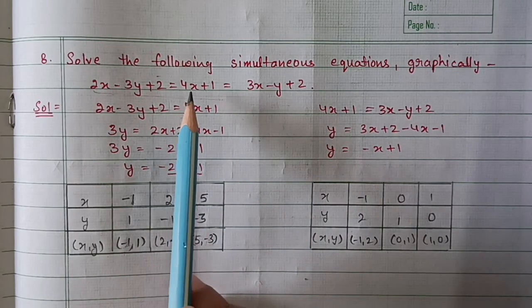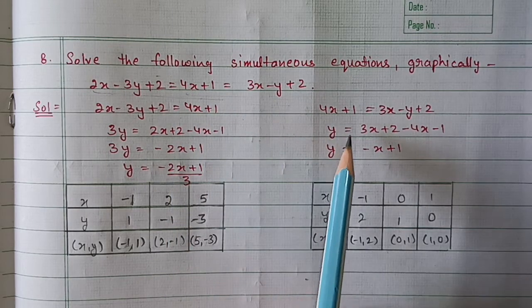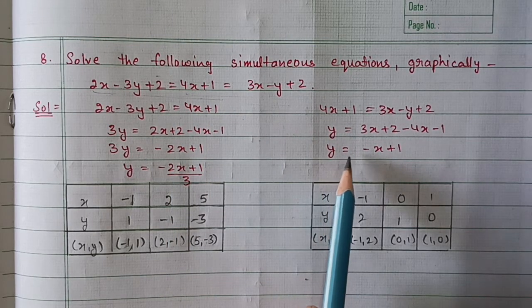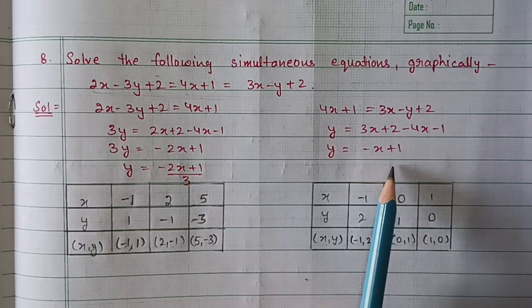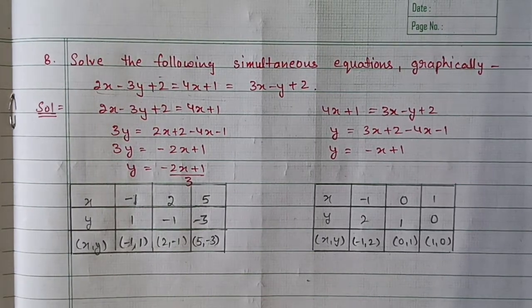For the second equation we will take the last two and get y equal to minus x plus 1, and again take 3 plotting points. Now we will plot these points on the graph sheet.